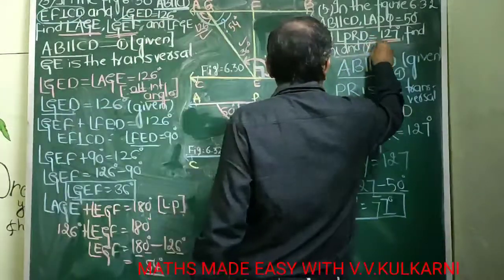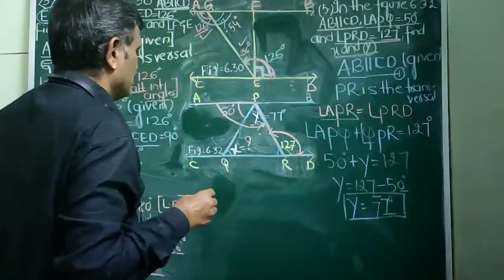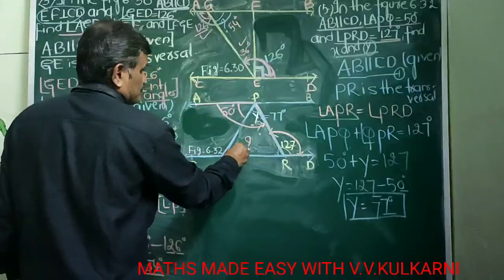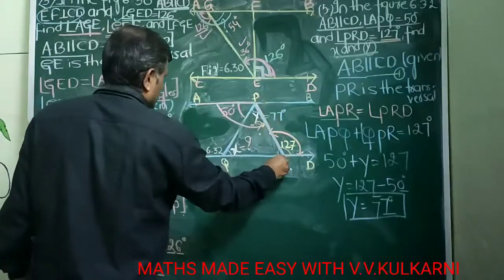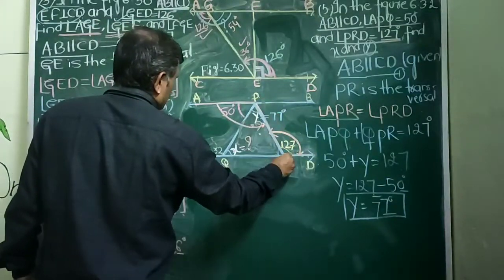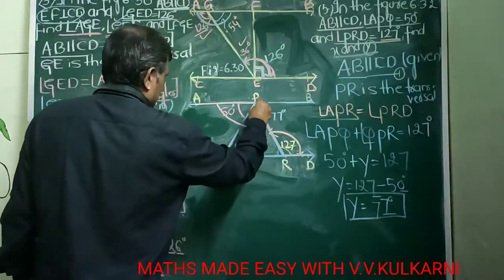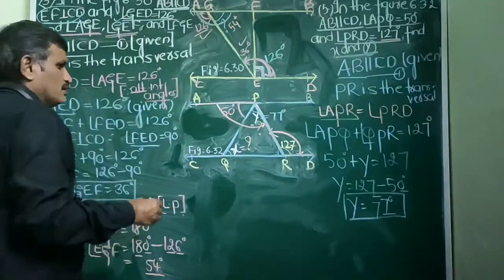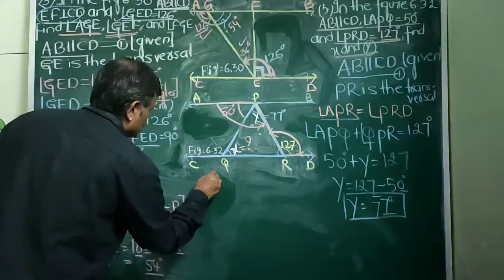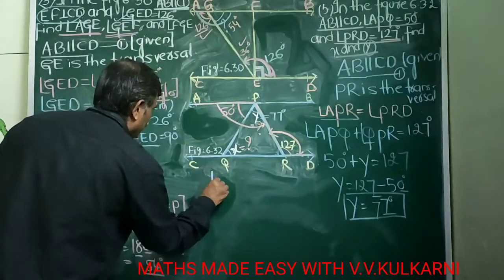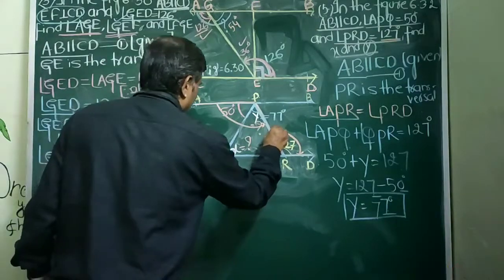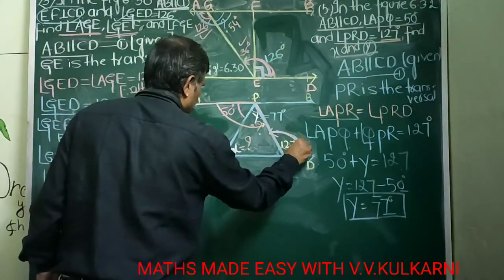Now we have solved the first part, the value of Y. The next part is you need to find out the value of X. To find the value of X, you can use the exterior angle theorem. What is it? The exterior angle of a triangle is equal to the sum of the interior opposite angles. So what I mean to say here is angle PRD, this is the angle that is outside.